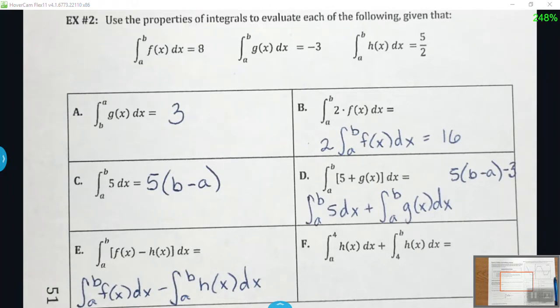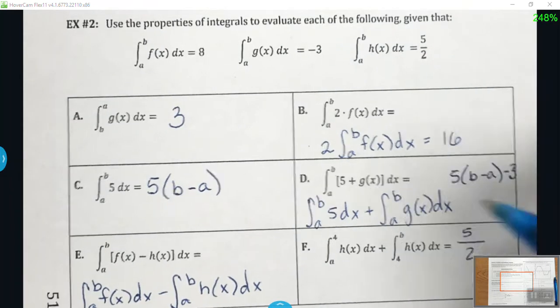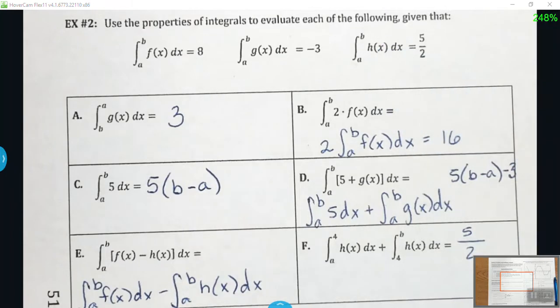Yes, because we integrated from a to 4 and then 4 to b, so it's the same thing as the integral from a to b of h of x. Okay. Not bad, right?